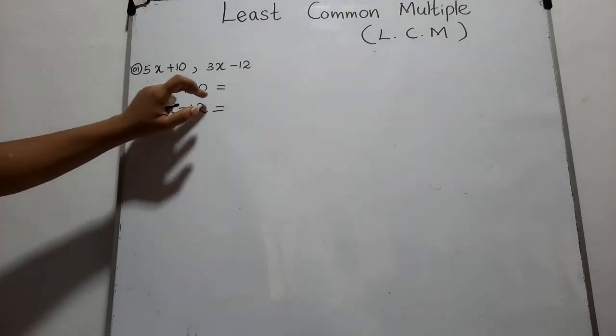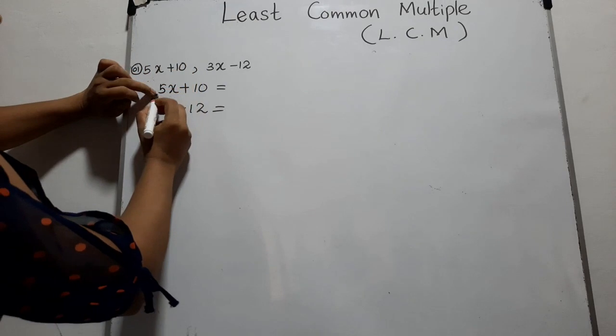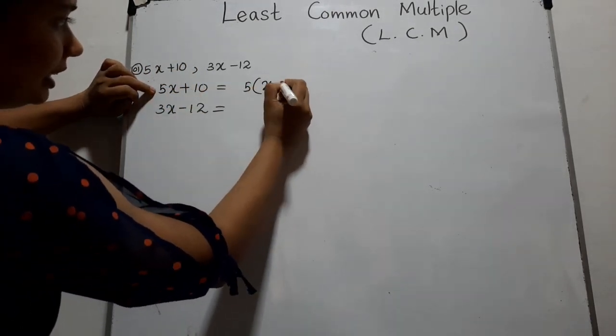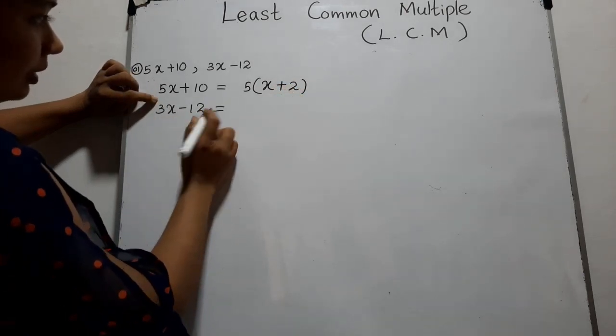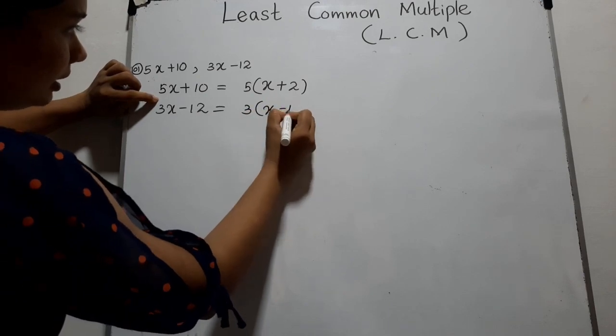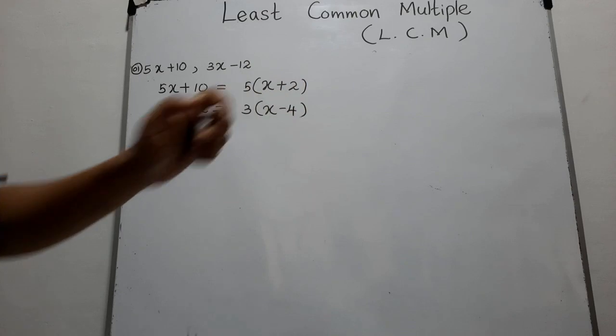Here 5x plus 10. Now you know how to factorize. Here 5 is the factor. When we take 5 out of the brackets, we get x plus 2. Here 3x minus 12. When we take 3 out of the brackets, x minus 4. Here 5 times x plus 2, 3 times x minus 4.